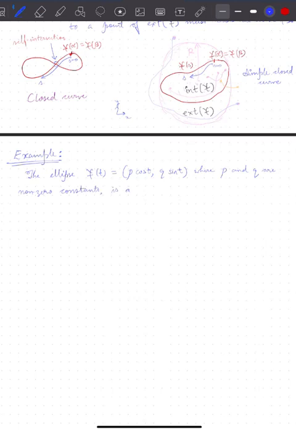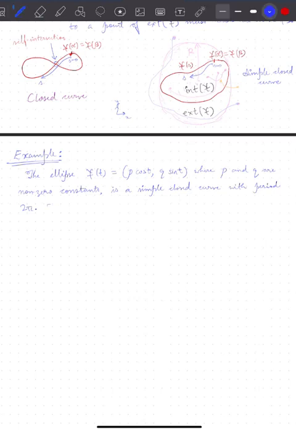It is a simple closed curve with period 2 pi.